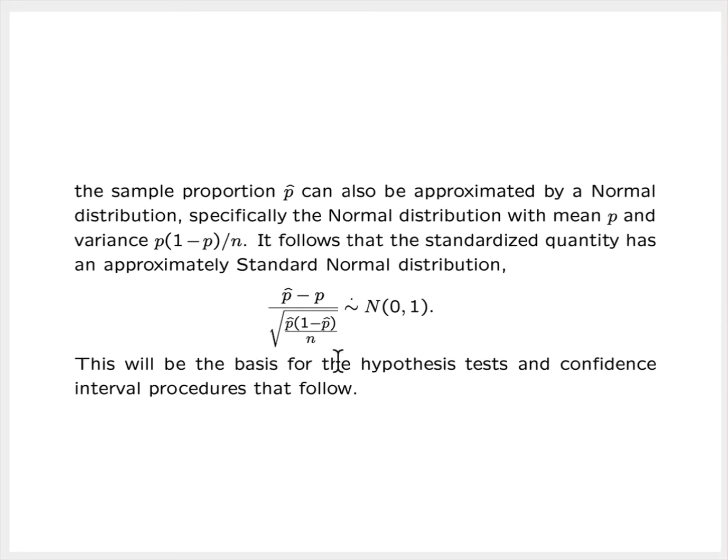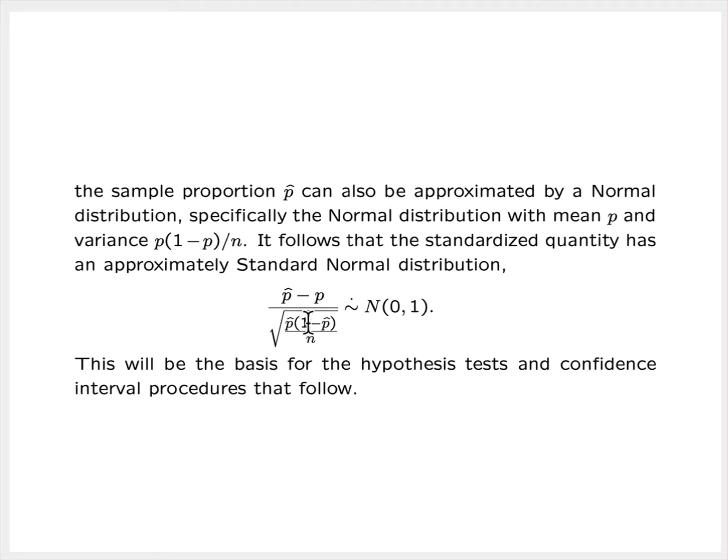So the quantity we have here is an estimated standardized version of p hat, where we are using an estimate of the standard error of p hat in the denominator. So we really have an approximation.